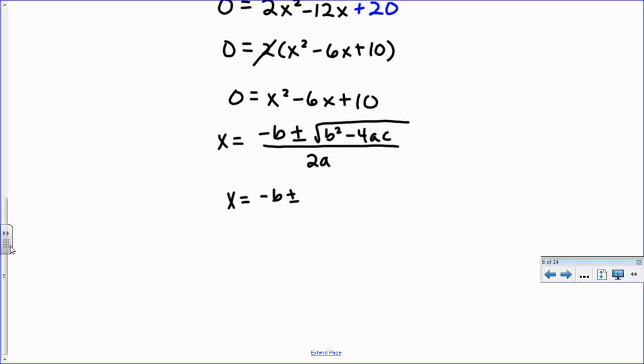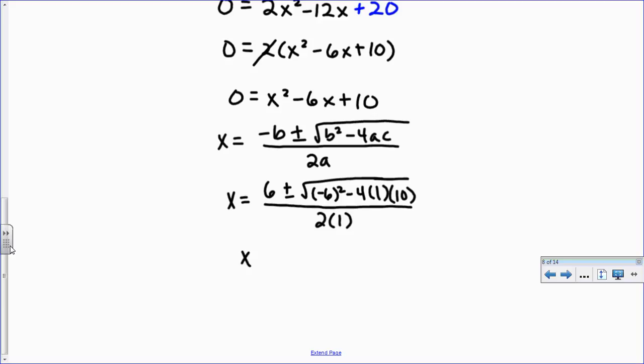So what is the opposite of b? b squared is negative 6 squared. What is a? So minus 4 times, what's a? Times what's c? 10. All over 2 times 1.